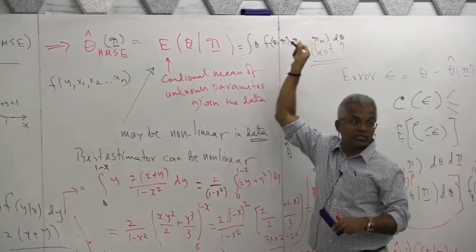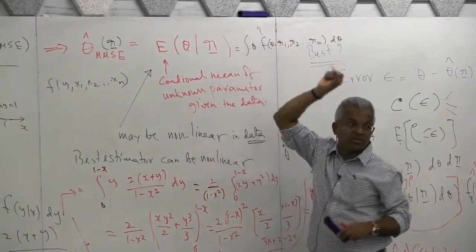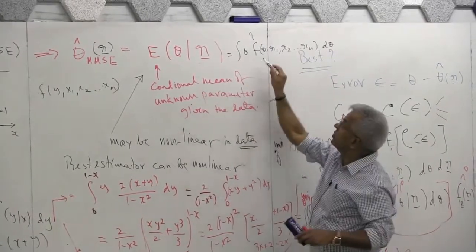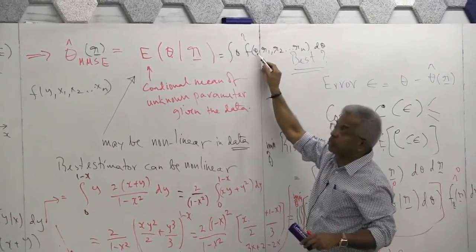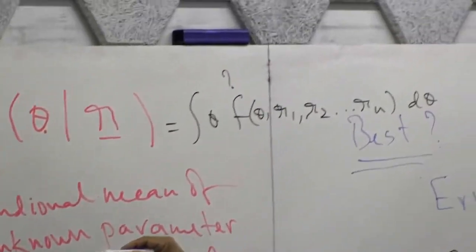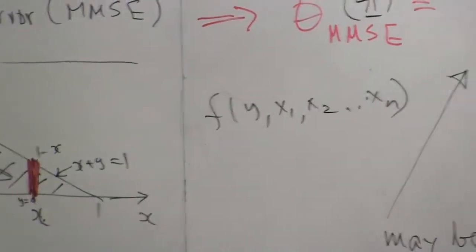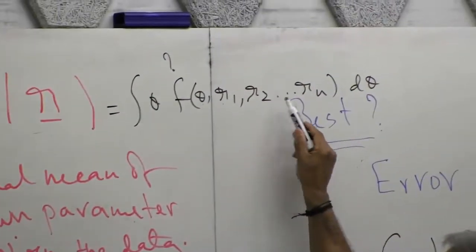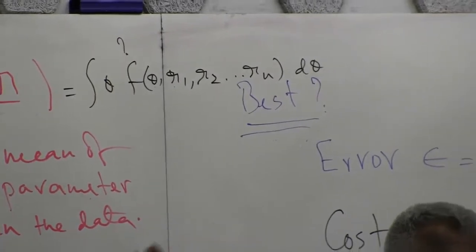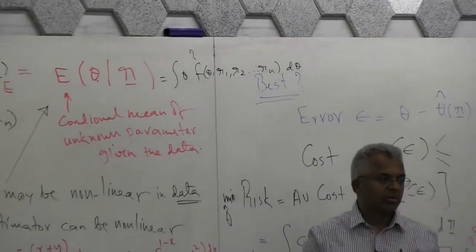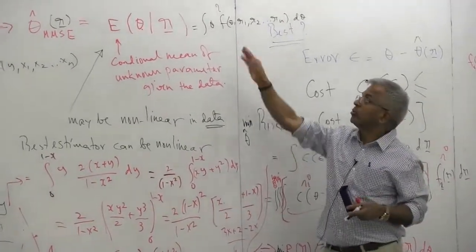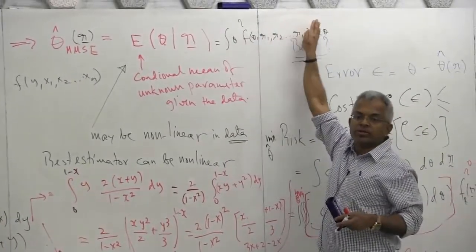You need to do this, so you need to know this joint density function. In the case I gave you, we just did a simple case, theta is y, this is x, just 2. That's the problem that I just solved. So if you have more data, x1, x2, etc., xn, you need to figure out this density function either from the context of your problem, or, so that's another drawback with this. You may say, look, there is no way I will know this.